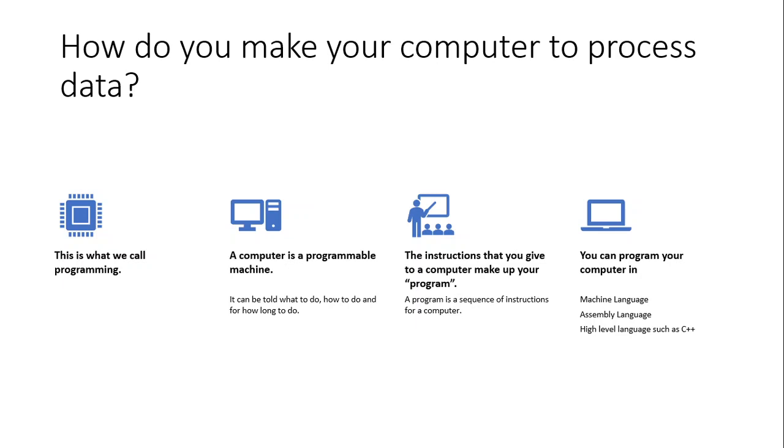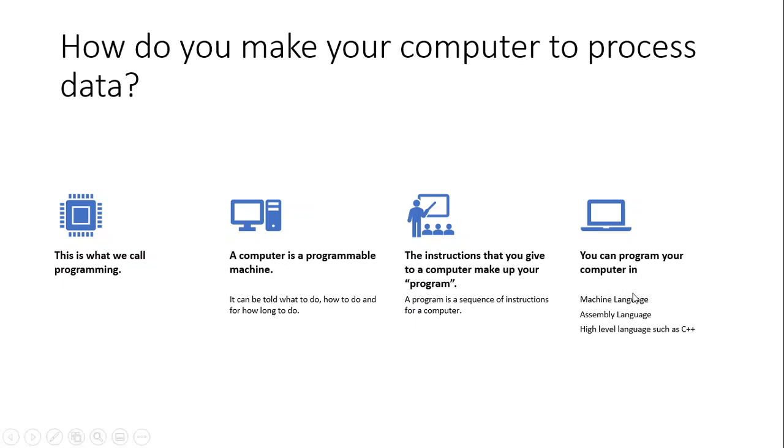An improvement upon machine language is assembly language. Assembly language is nothing but the machine language in English. Every machine language instruction is written in something that is a little close to English. It is not exactly English, but we use mnemonics to represent every machine language instruction.